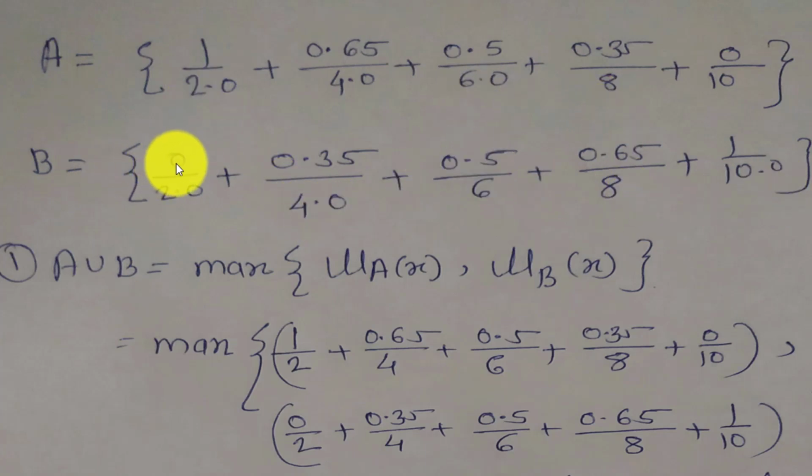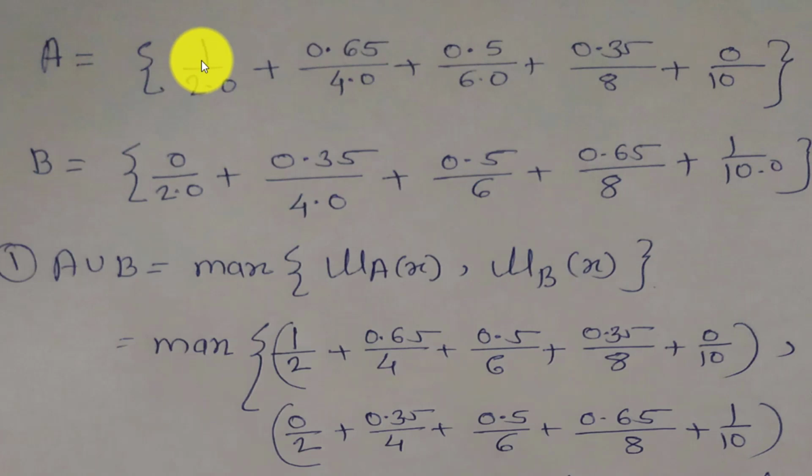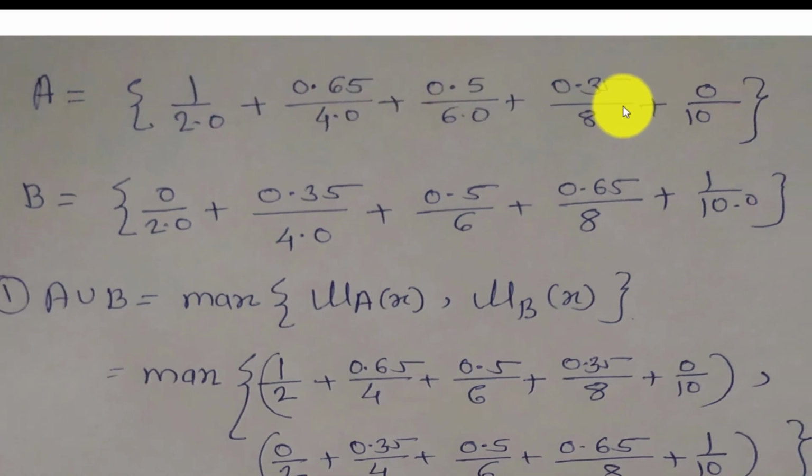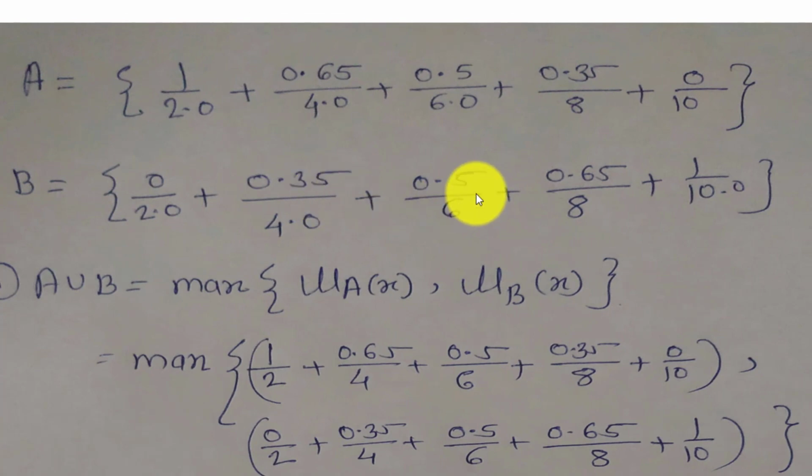But the membership values, that is the fuzzy elements, are different. Set A has the fuzzy elements 1, 0.65, 0.5, 0.35 and 0, and set B has the fuzzy elements 0, 0.35, 0.5, 0.65 and 1. These are called the membership values of set A and set B.